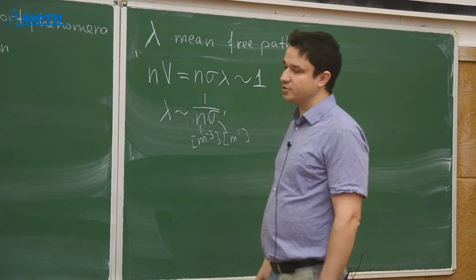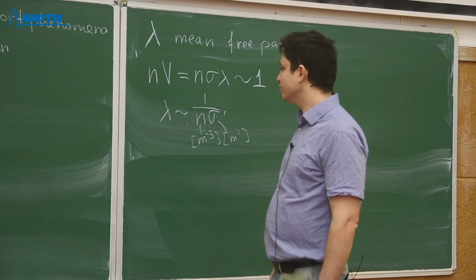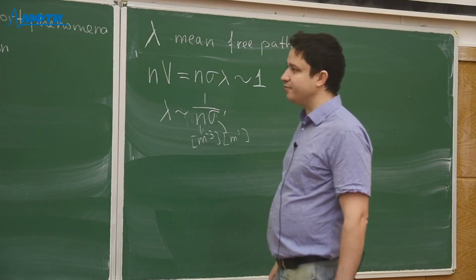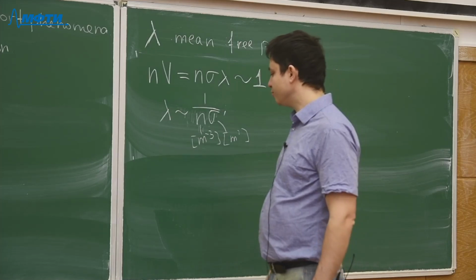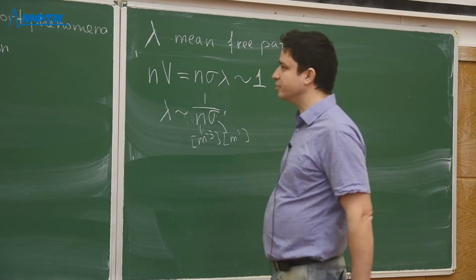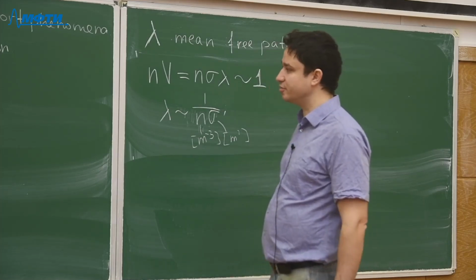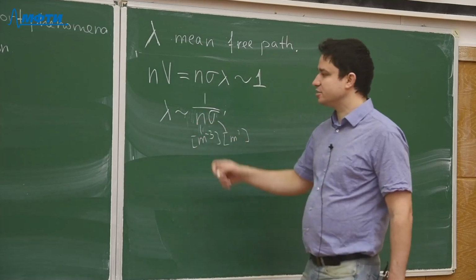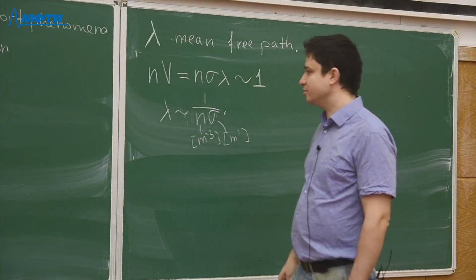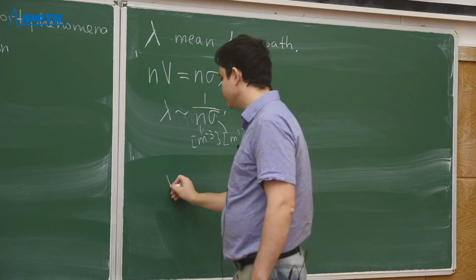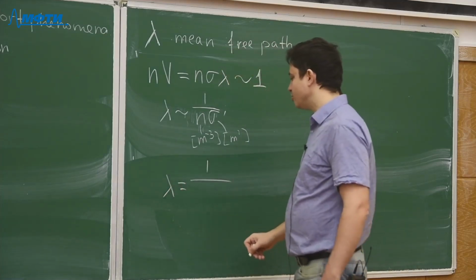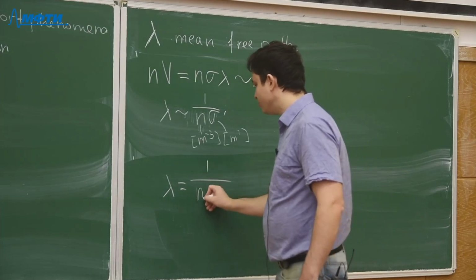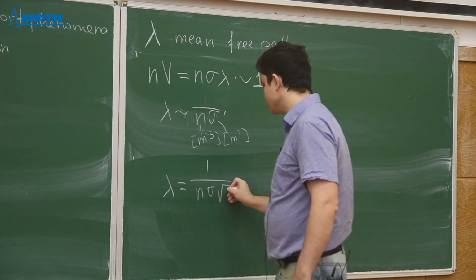That's of course not the case in any real gases, and if we include the relative motion of molecules into consideration, then this estimation would be somewhat corrected, by a factor of square root of 2. So usually the mean free path is determined as 1 over n sigma square root of 2.